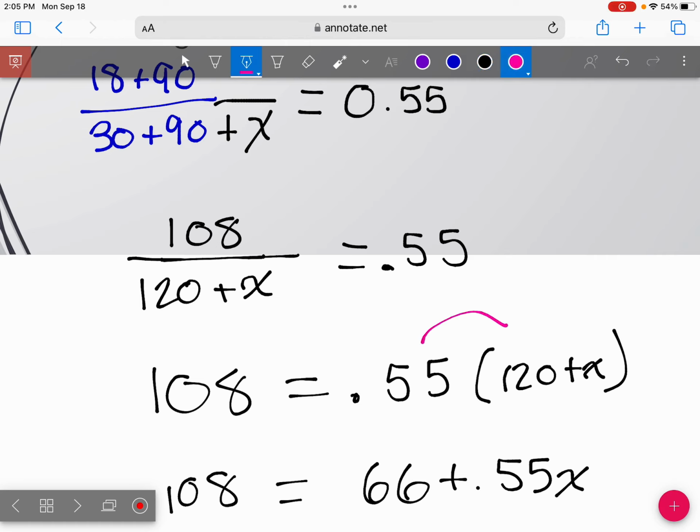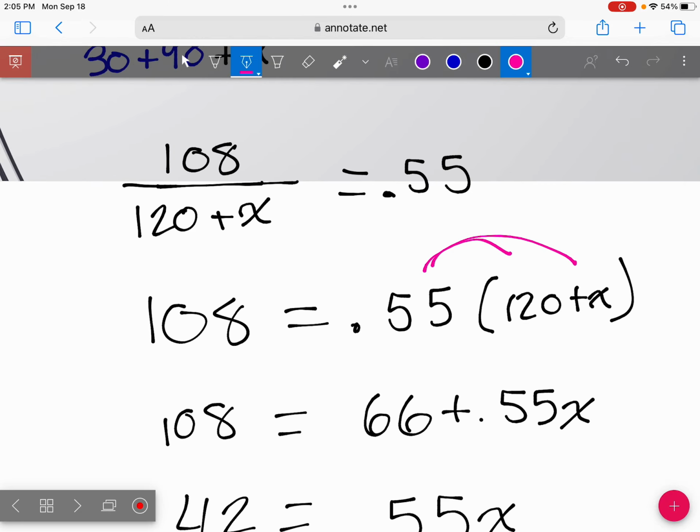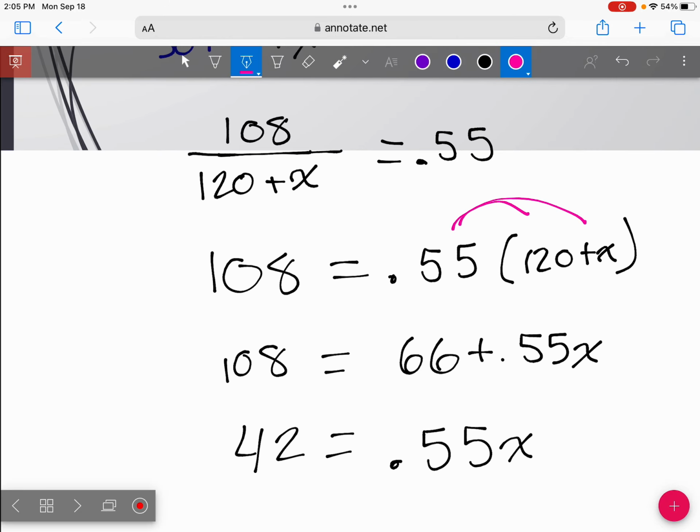I took my 0.55 and distributed it over. Subtracted my 66 from both sides. And what do we get as an answer? 76.3.